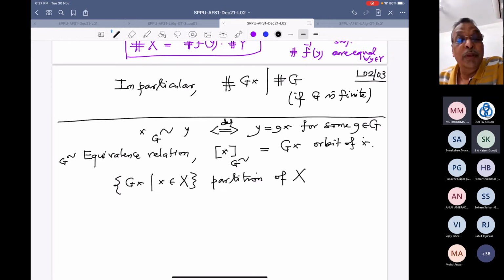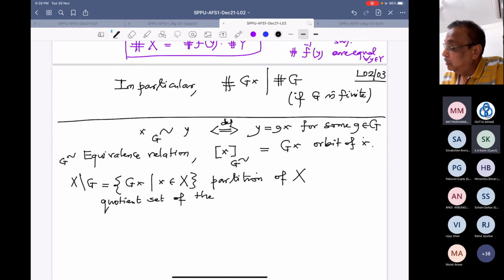But this will create a problem in our writing many times, so this quotient set I want to denote by X modulo G, with this slash because I want to remember that G is operating from the left. So this is the quotient set of the operation of G on X.